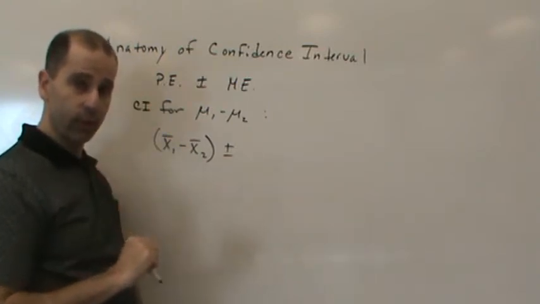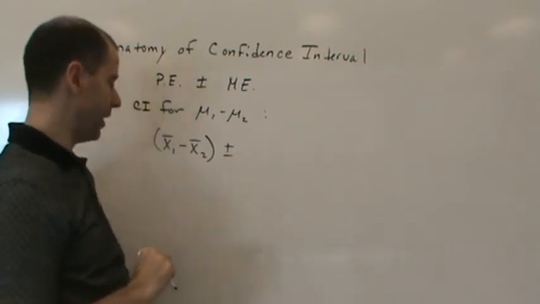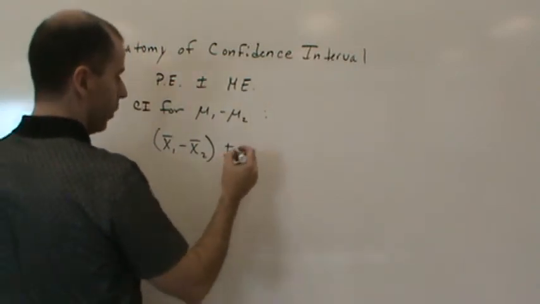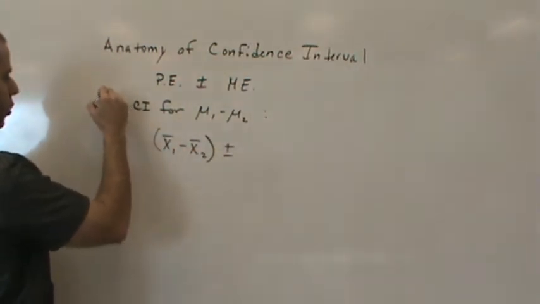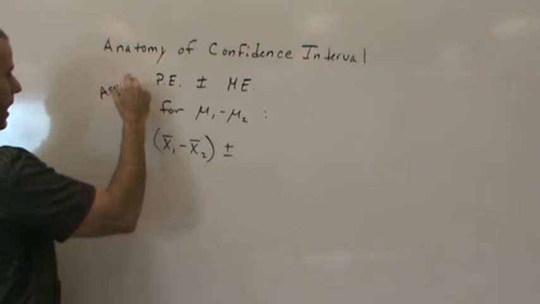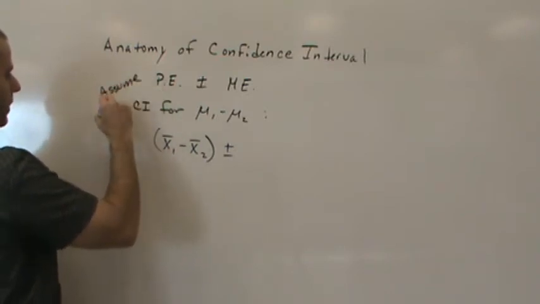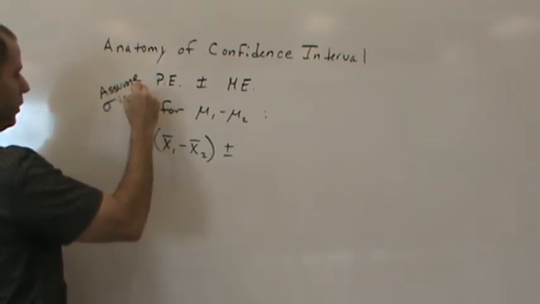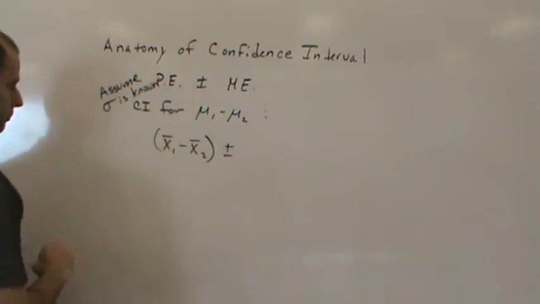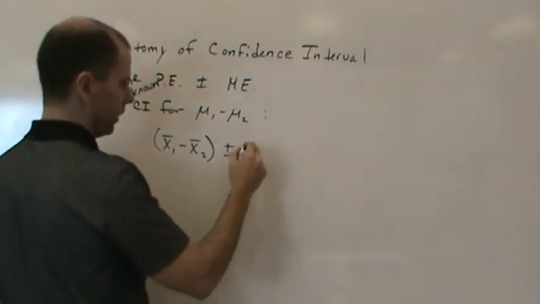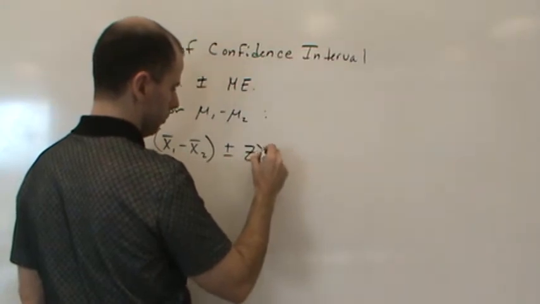And that's what we learned when we were dealing with hypothesis testing. So now, again, for the time being, we're going to assume that sigma is known. Okay? So that means we're going to be dealing with a normal distribution.